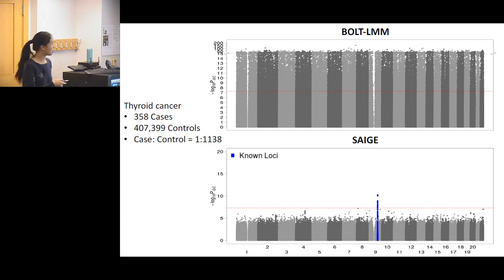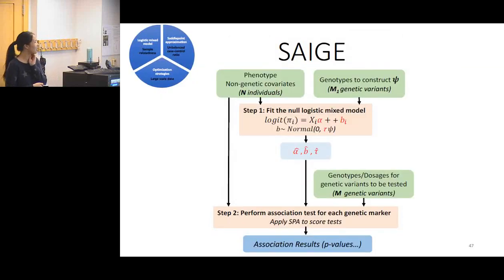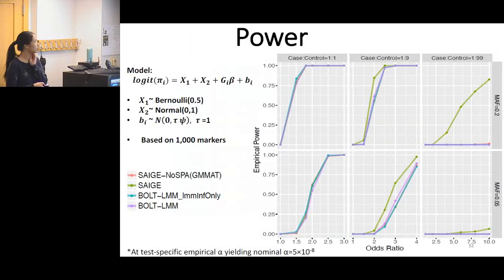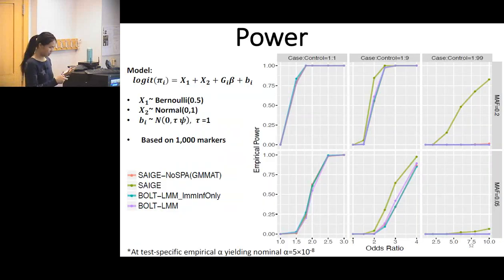Yeah. I have some backup slides to show the power. We have done a simulation study to evaluate the power of SAIGE and compare to BOLT-LMM. We tried different case control ratios and different odds ratios, along with different minor allele frequencies for the markers.